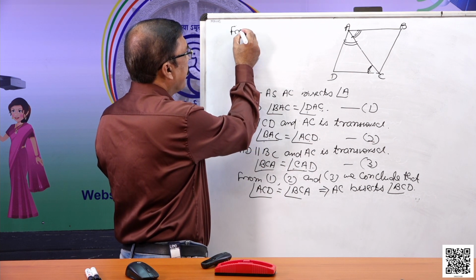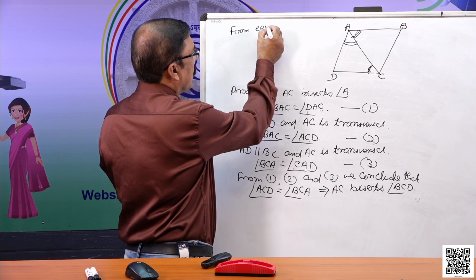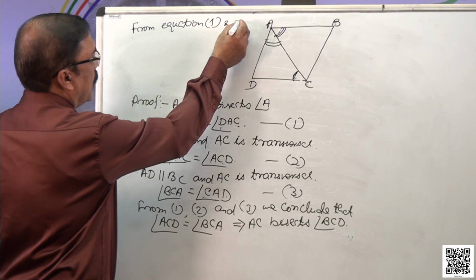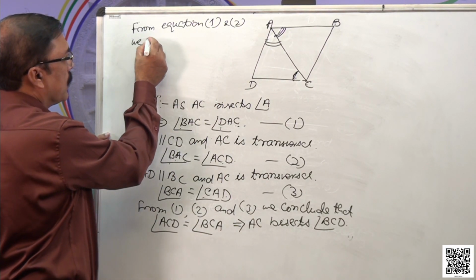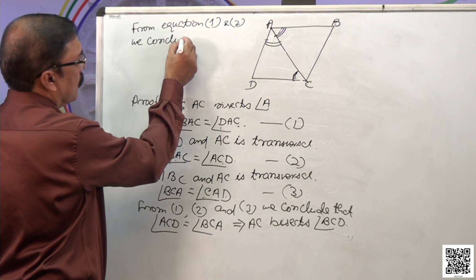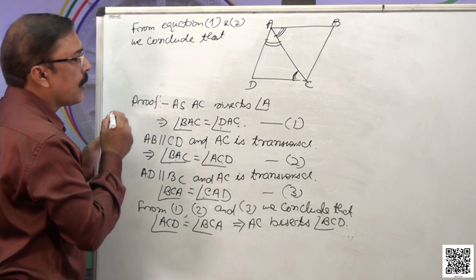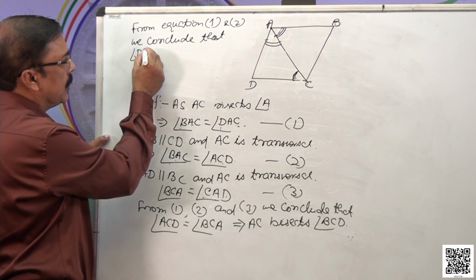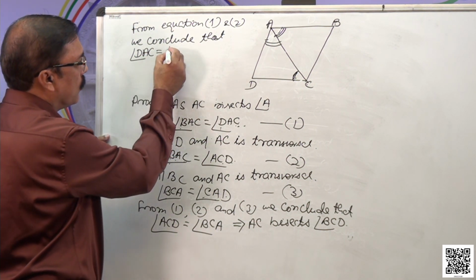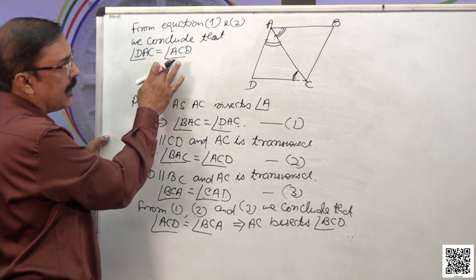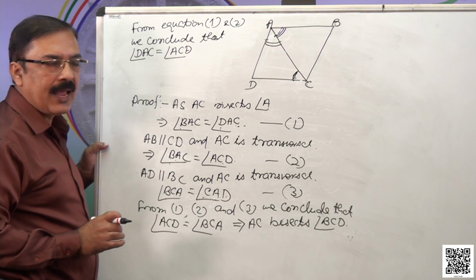So from equation 1 and 2 we conclude that angle DAC is equal to angle ACD, and DAC and ACD are in which triangle?